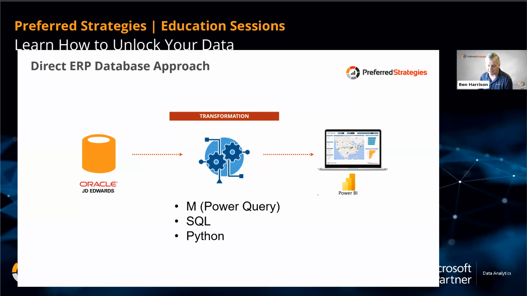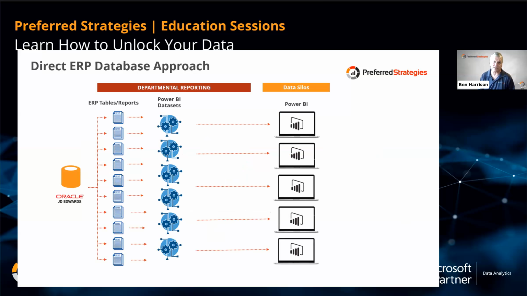One of the things that I am going to point out, though, is as you do this transformation, you're not going to just do it once. You're going to transform the general ledger data, then the sales data, and then the inventory data, and the purchasing data. And so ultimately, you end up with all these data transformations that are tough to manage.